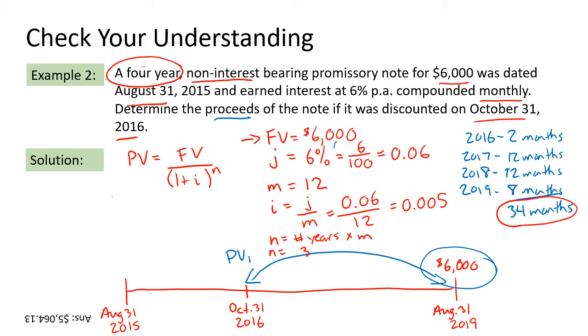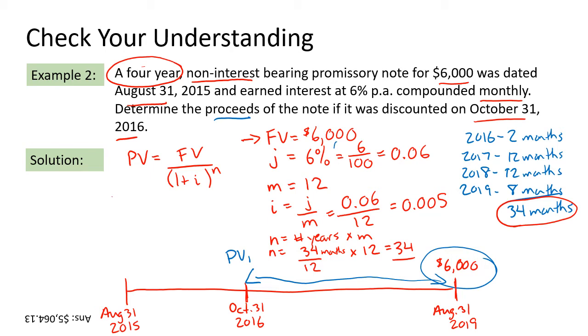We have 34 months, and we have to convert that to years, so you divide it by 12, because there's 12 months in a year. Then you have to multiply that, I'm going to remove this arrow, by m, which is the number of compounding periods, which is 12. And if you calculate that out, you'll get an answer of 34 compounding periods. So remember, when you're looking at this problem, you had to actually work backwards to get to that solution. I'll draw the blue line back.